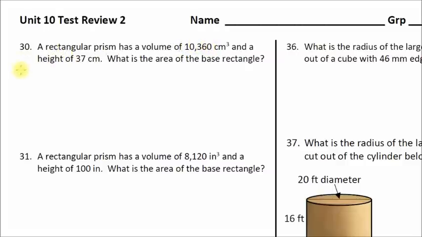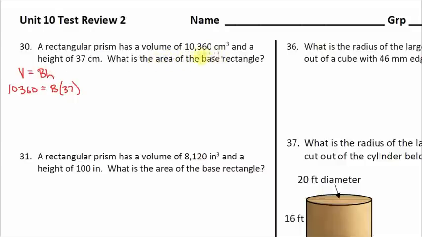That means if we write our volume formula for a rectangular prism, volume equals base area times height, we can plug in the volume, which is 10,360, and that's going to be equal to base area times height, which is 37. Well, all we got to do right now is get base area by itself.